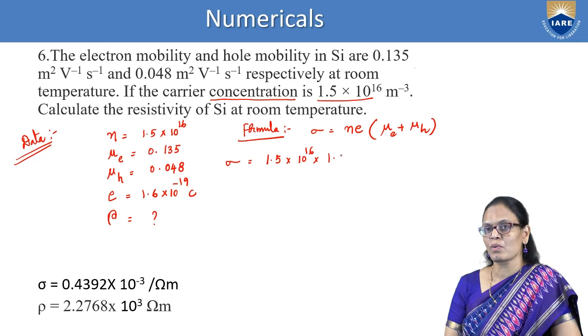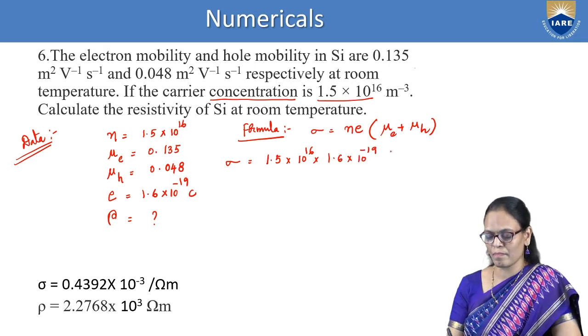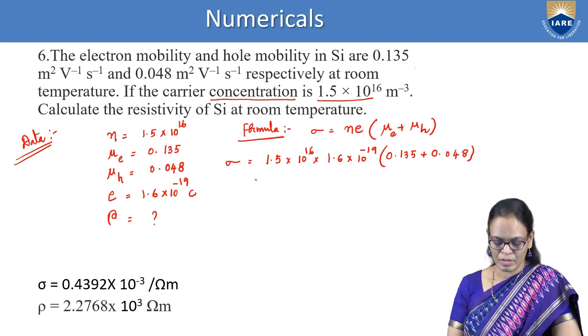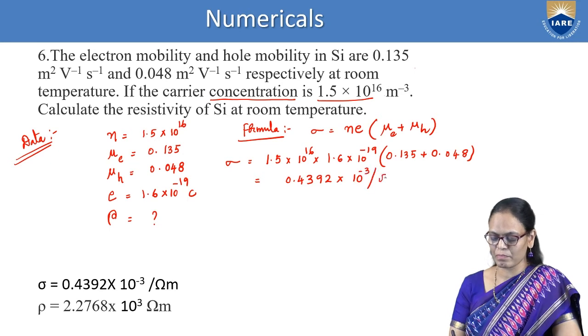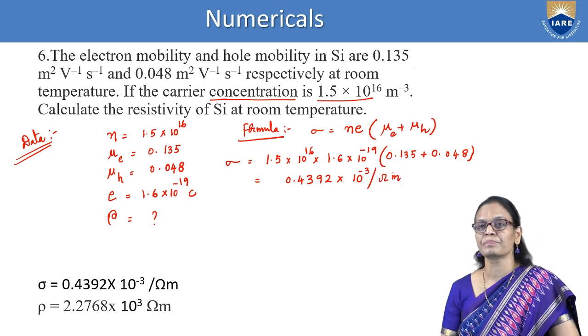For E, 1.6 into 10 power minus 19. Then mu E plus mu H, 0.135 plus 0.048. So you simplify, you get 0.4392 into 10 power minus 3 per ohm meter.